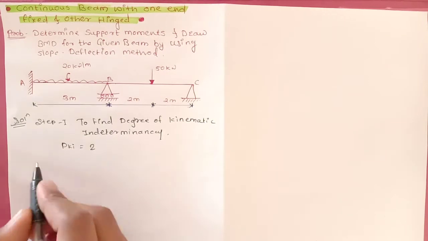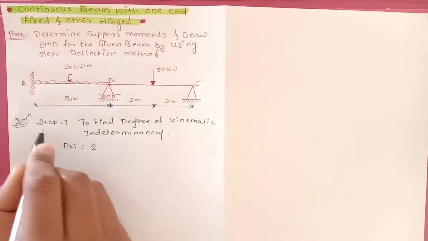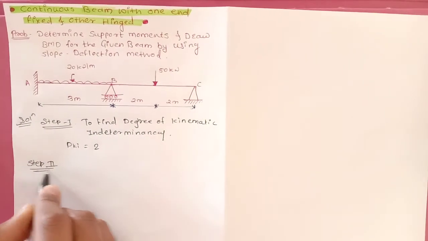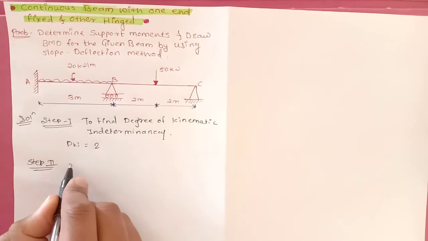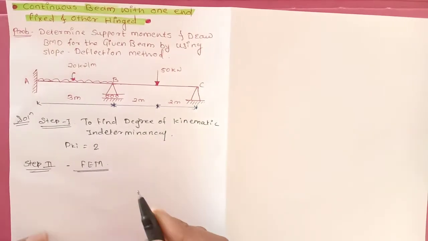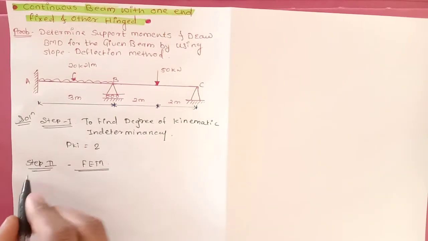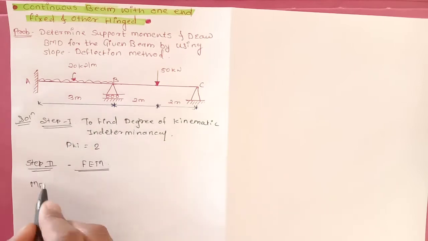Then the next step, number two, is to find the fixed end moments, that is FEM. So first, the fixed end moment for member AB.